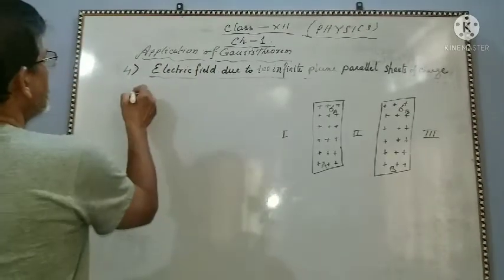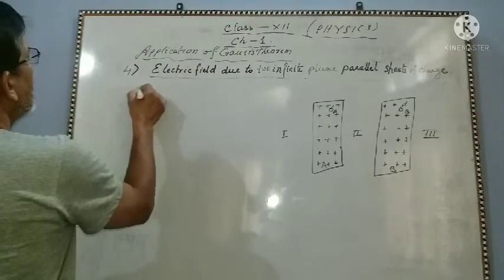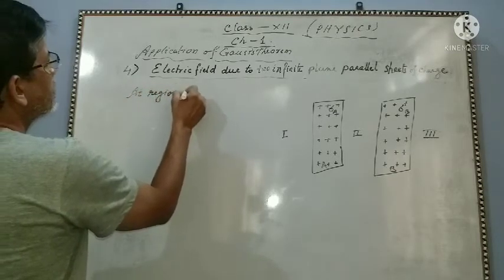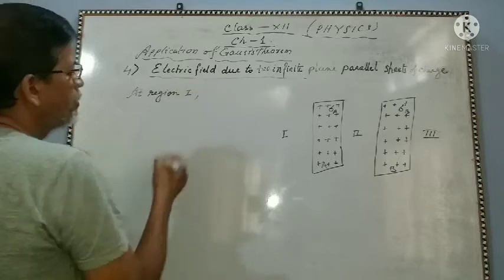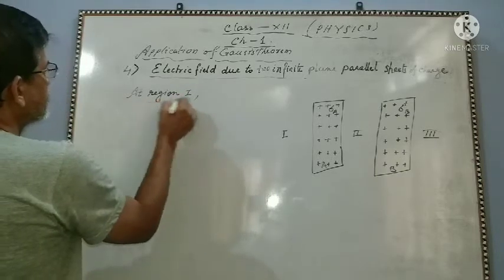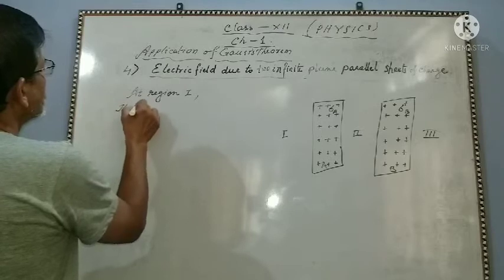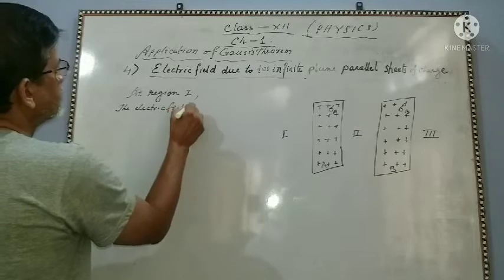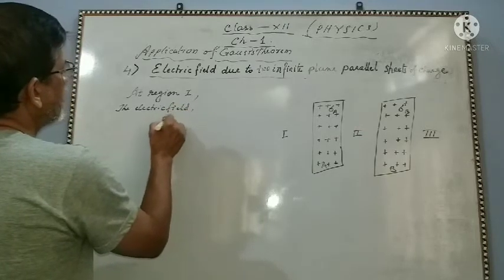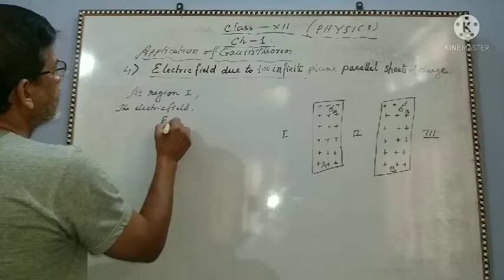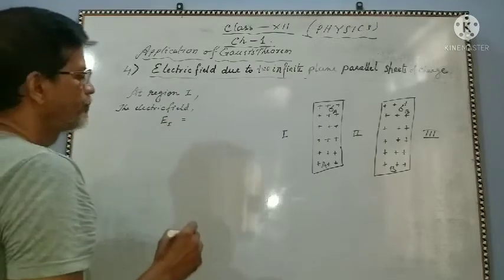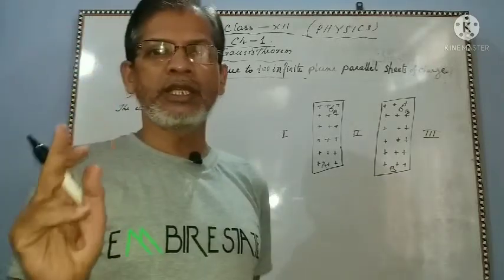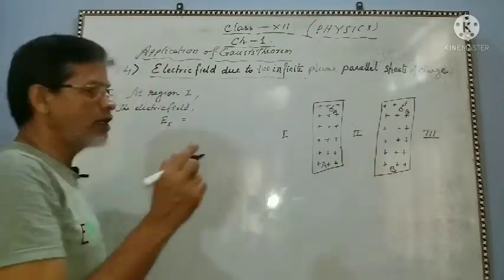Now at region 1, what will be the electric field? E1 equals, what we have got for a sheet of charge, sigma by twice epsilon naught.